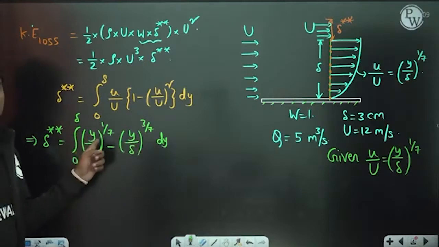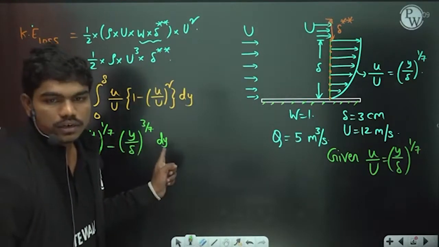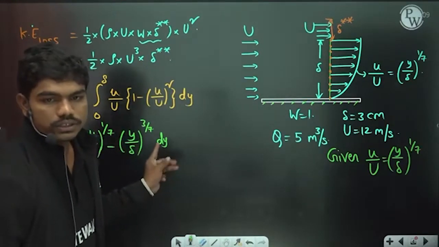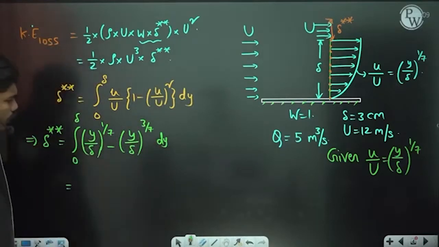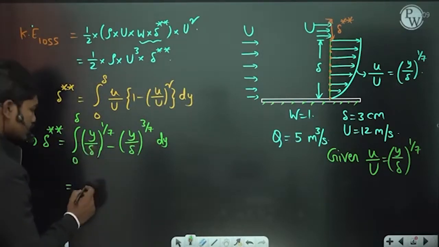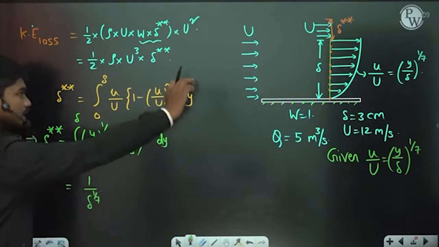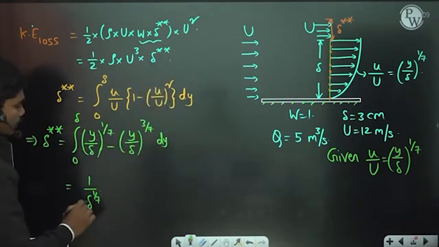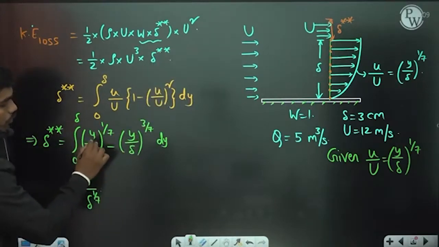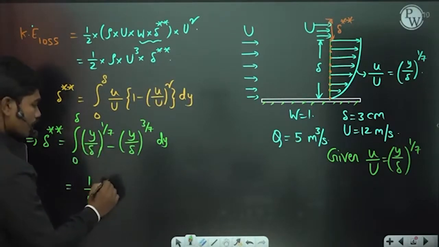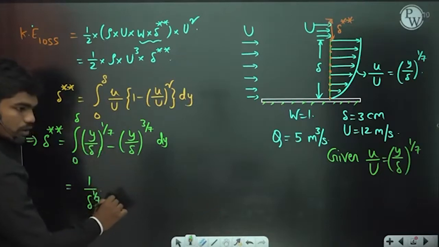Integration of y by delta whole power 1 by 7: if you integrate this, delta power 1 by 7 is constant, because at a given section delta has some finite value. So delta power 1 by 7 into the integration of y power 1 by 7, which is y power 1 by 7 plus 1 divided by 1 by 7 plus 1.